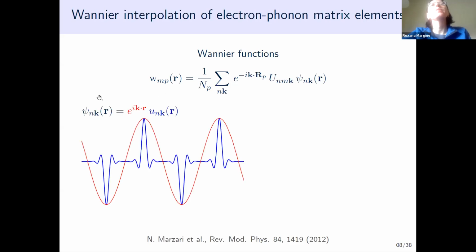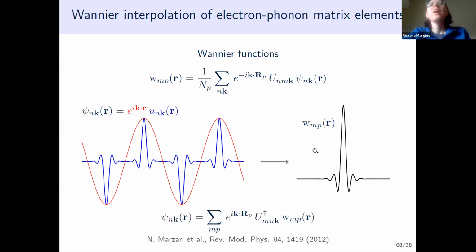For example, if you take a Bloch function, which is some type of atomic-like orbital modulated by a plane wave, you can do this transformation and extract the atomic character of these objects. And the most important thing is that you can go reversibly from right to left without losing any information.